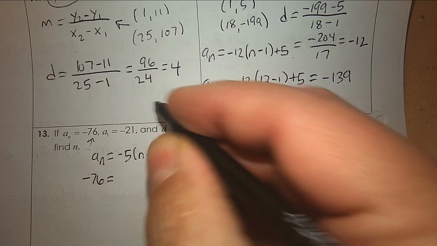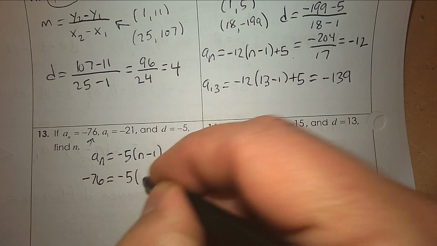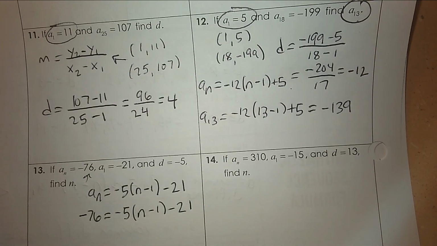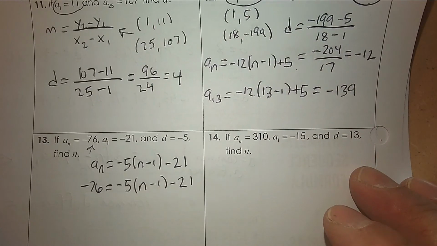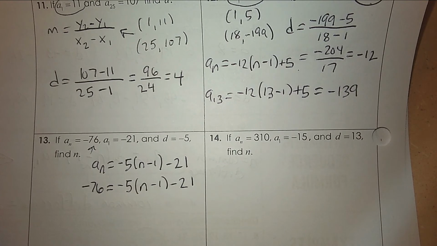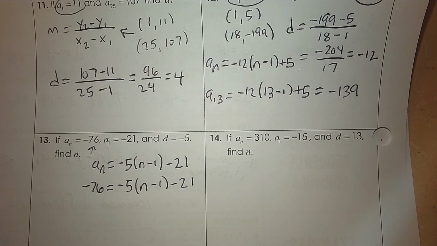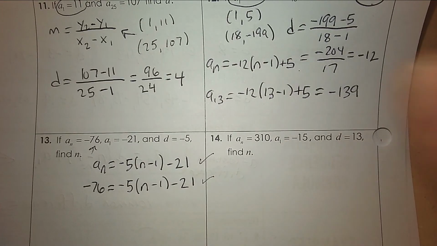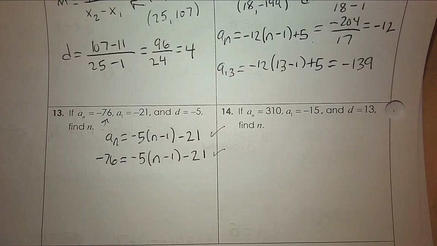So then plug in negative 76. Now this one is not explicit, meaning I can't just plug it in my calculator yet. I got to do a little bit of algebra to solve for n. Do you see the setup? Plug in negative 76. What term number is negative 76? That's what we're looking for.